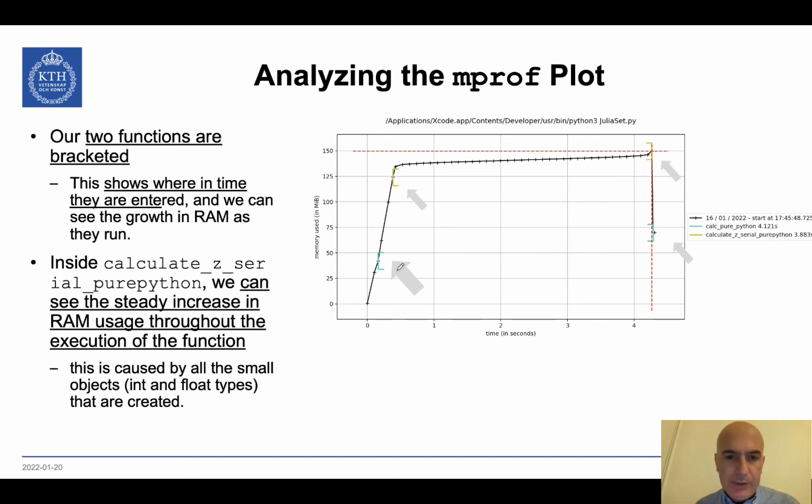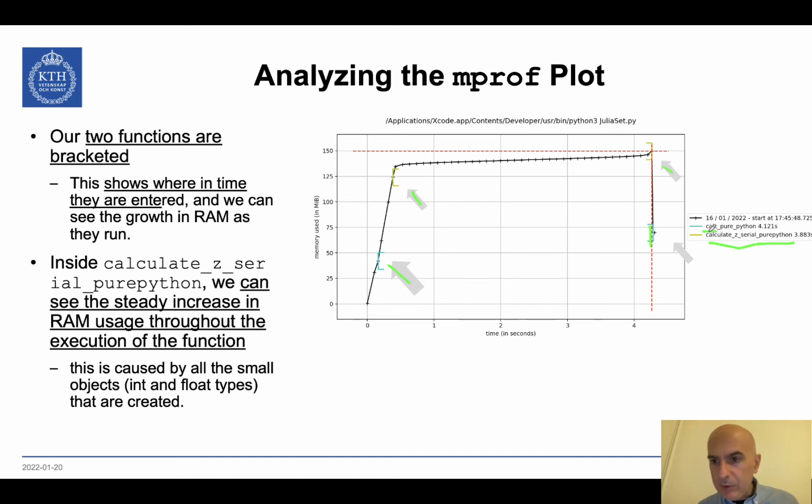We also see that there are some brackets here, here, and here. What are these brackets? Well, the two functions that we profiled in this run are calc_pure_python and calculate_z_serial_pure_python. So these brackets show where the function is entered: when they start, we have this bracket, and when they end, we have this other bracket.